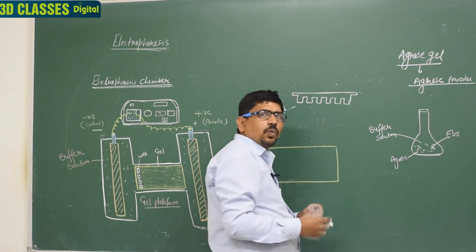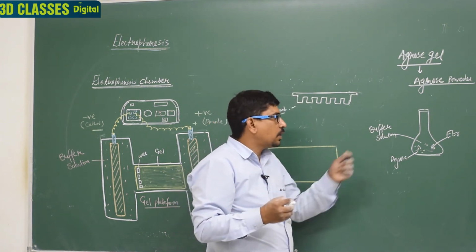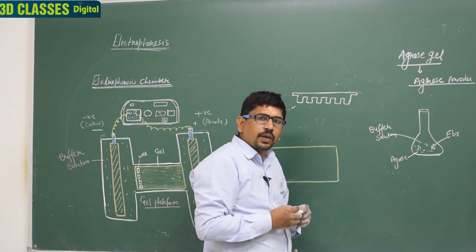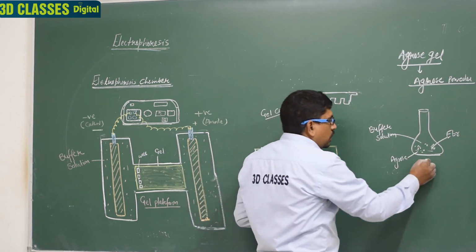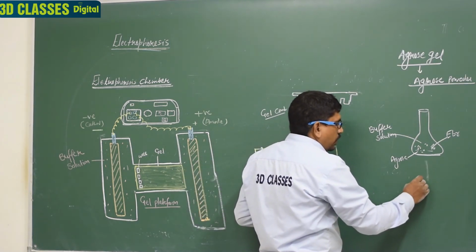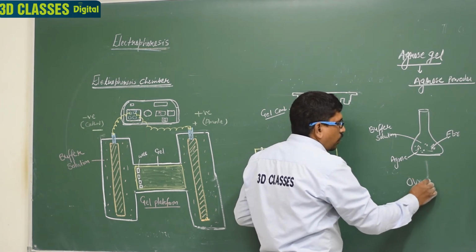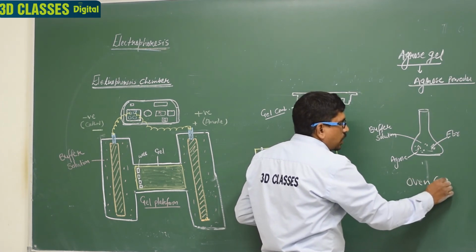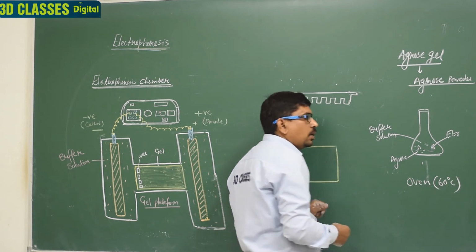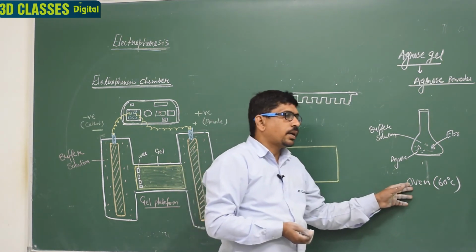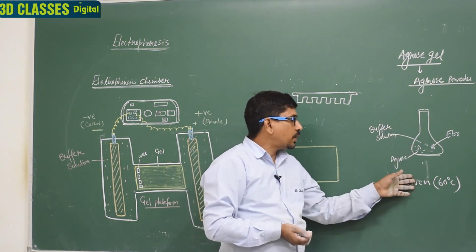Clear? All are mixed in this conical flask, and then this conical flask is placed in the oven at 60 degrees centigrade. So this is given at 60 degree temperature.